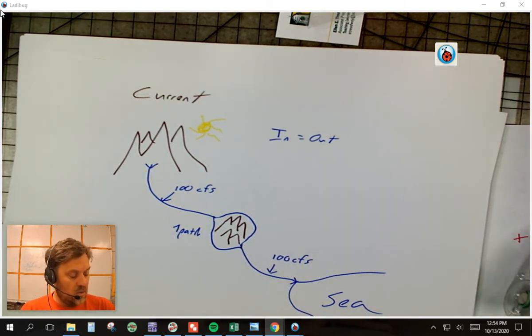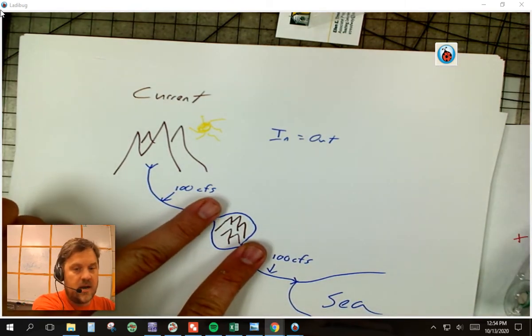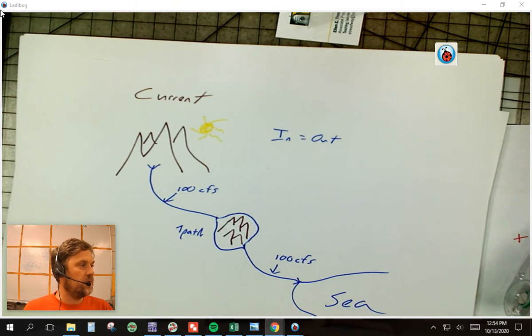Okay. So when I'm talking about just this section right here, how many paths do I have for the water to flow in? 2, right? So I've created a parallel path. So I have 2 or more paths.